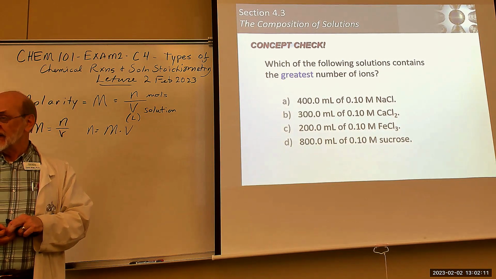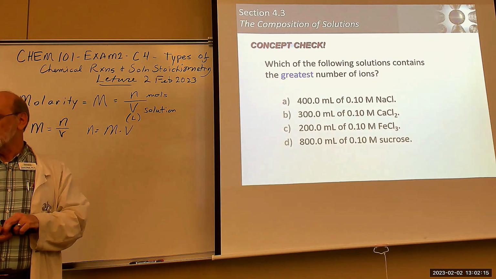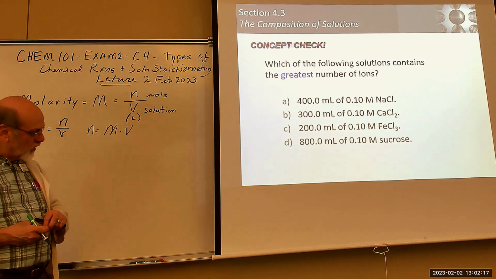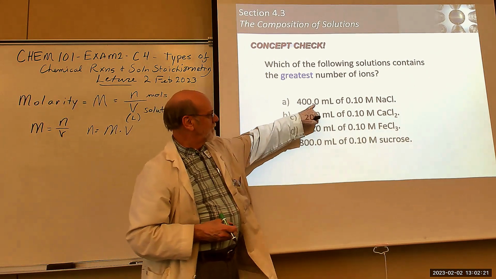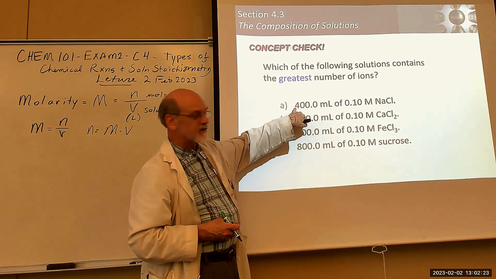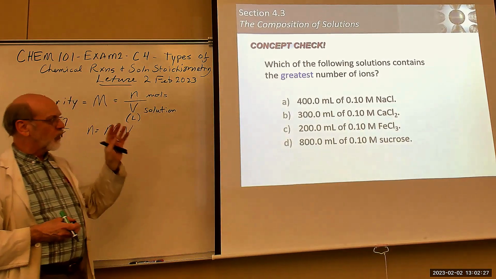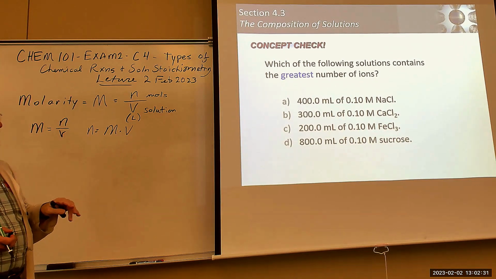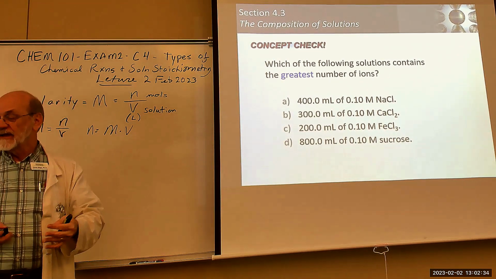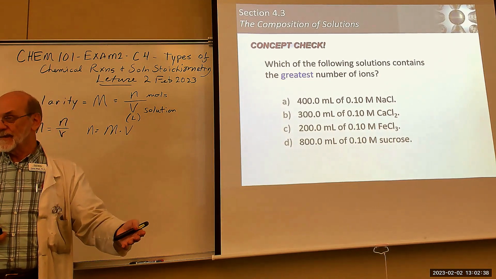How many milliliters in a liter? 1,000. So you got to move it 3 places. 0.4. Right? 1, 2, 3. So 0.4 times 1 would be the moles of formula unit. And then sodium chloride breaks into 2, so it's 2 times that.